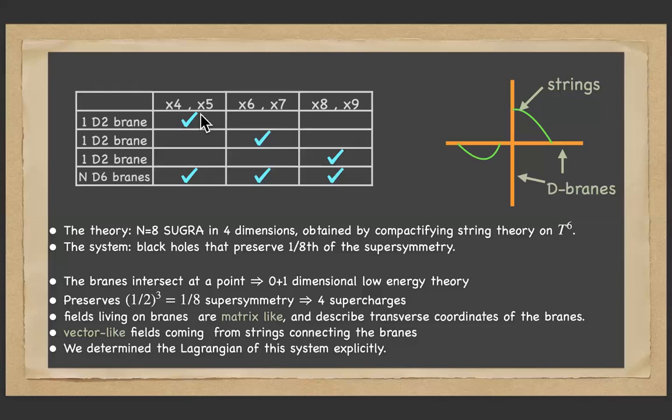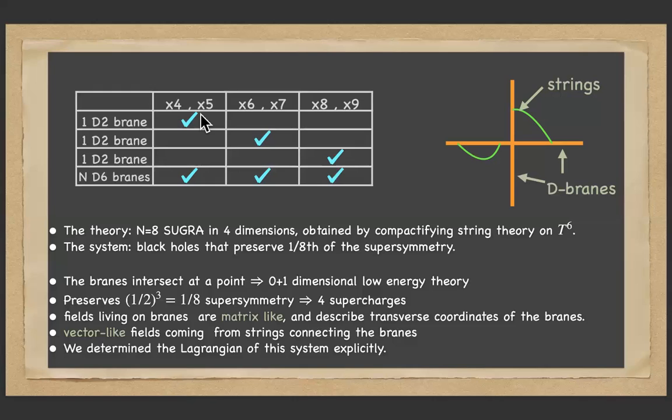Okay. There are two different kinds of open strings here. One kind of open string starts and ends on the same brane. Another kind of open string starts and ends on different branes. These open strings give rise to matrix-like fields. The rule of thumb is that each end corresponds to one index. So we have two indices here.